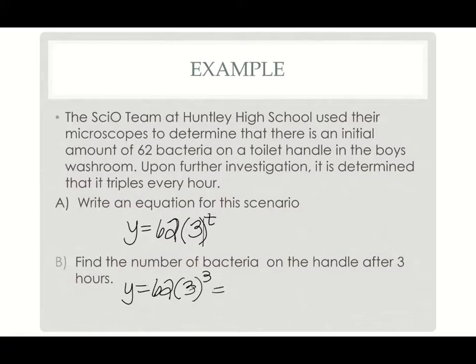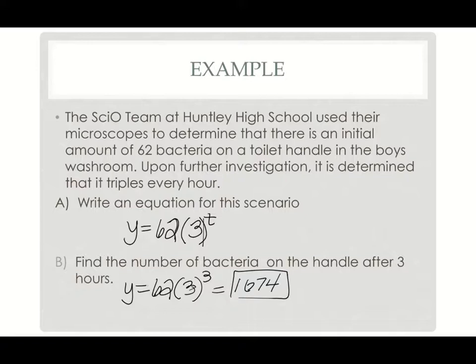If we plug that into our calculator, 62 times 3 to the 3rd power, we get 1,674 bacteria after 3 hours. If we wanted to know 7 hours, we'd plug in 7 for t. 20 hours, we plug in 20 for t. And it's going to keep getting larger because it's growth.